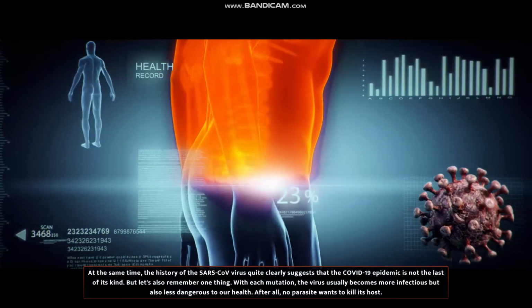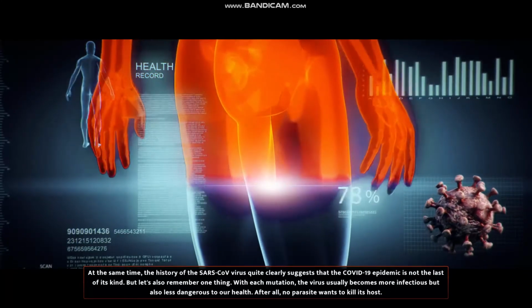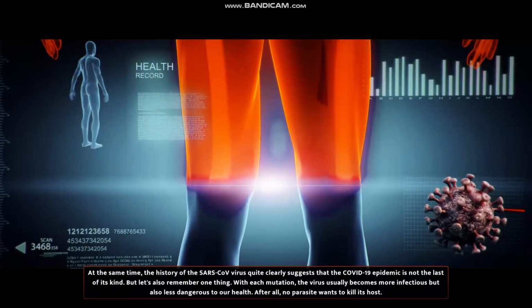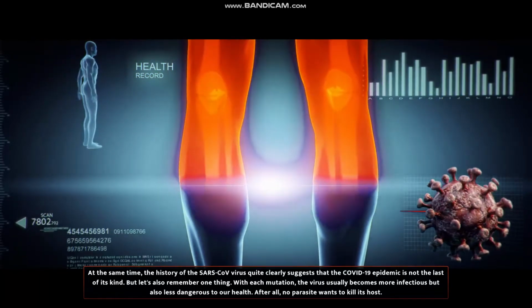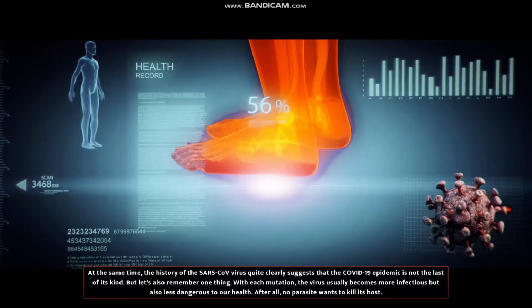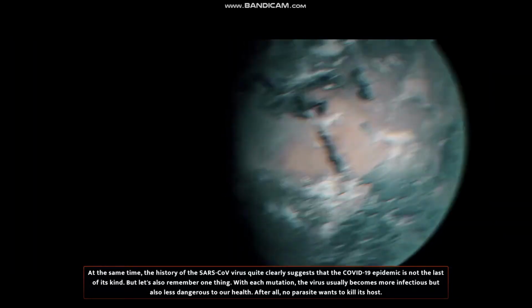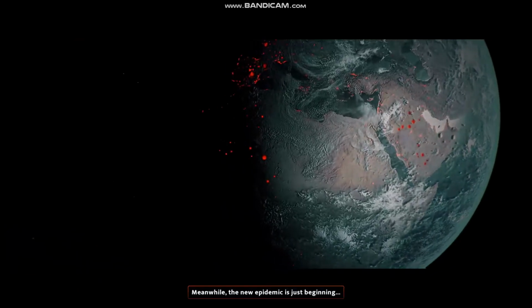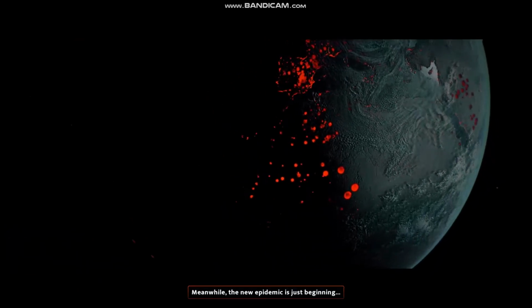But let's also remember one thing. With each mutation, the virus usually becomes more infectious, but also less dangerous to our health. After all, no parasite wants to kill its host. Meanwhile, the new epidemic is just beginning.